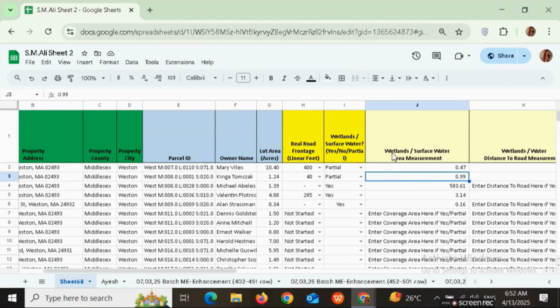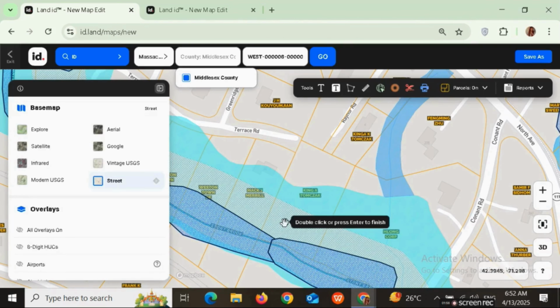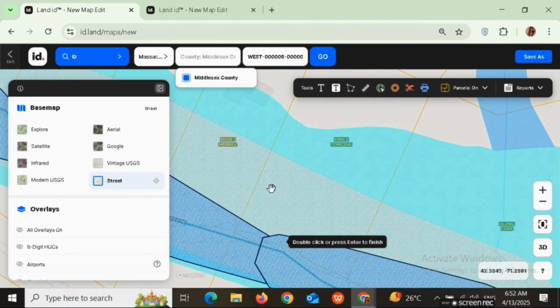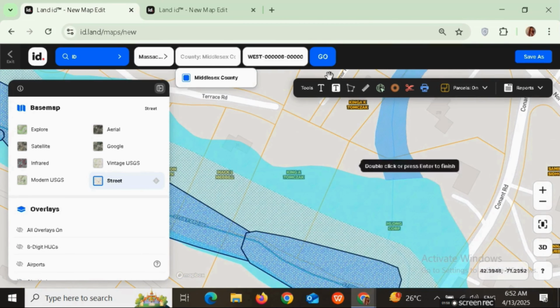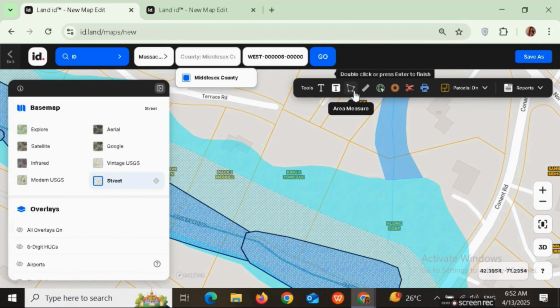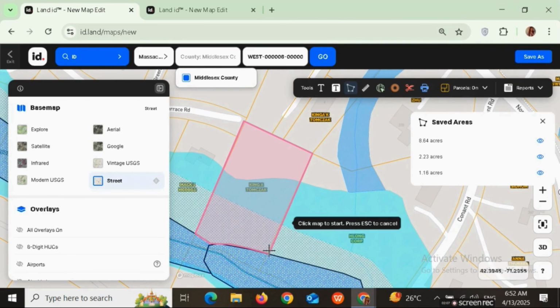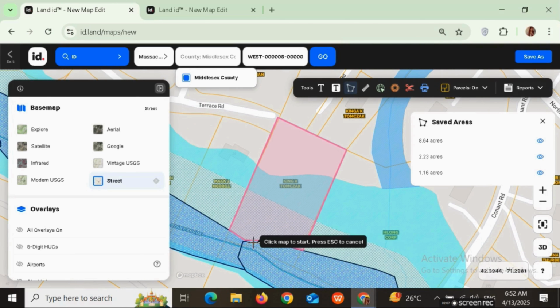Area measurement of wetlands. So how I measure the area measurement of wetlands: there is an area measure tool, and I measure the whole property but exclude the part of wetlands.